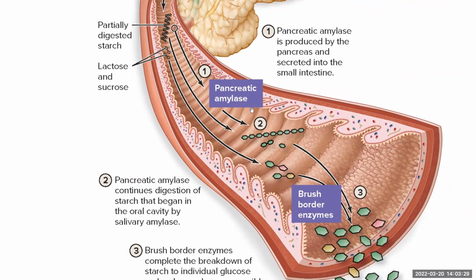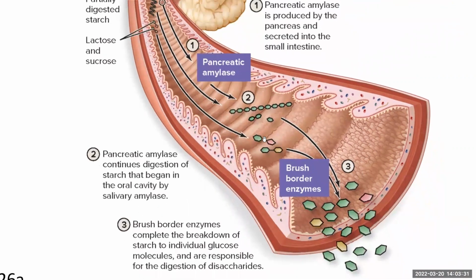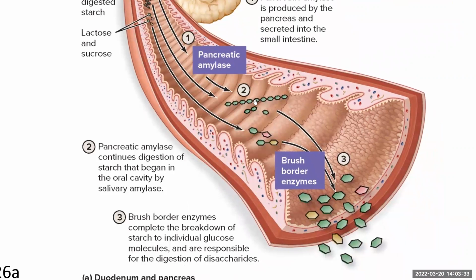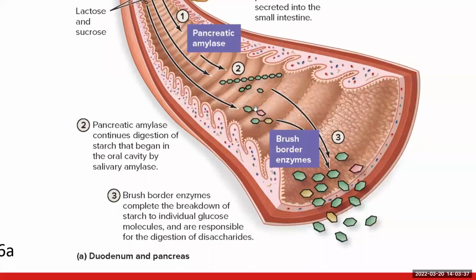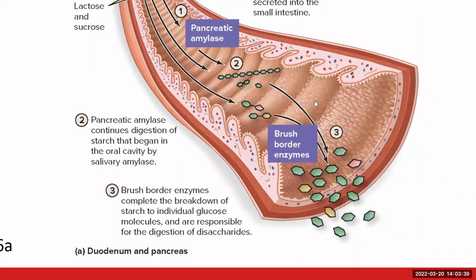That pancreatic amylase now is going to start to make these longer chains even smaller. And now this is where we get into the brush border enzymes. If you don't remember what the brush border is, you can see these speed bumps here. Those are called plicae circulares, circular folds found in the small intestine.